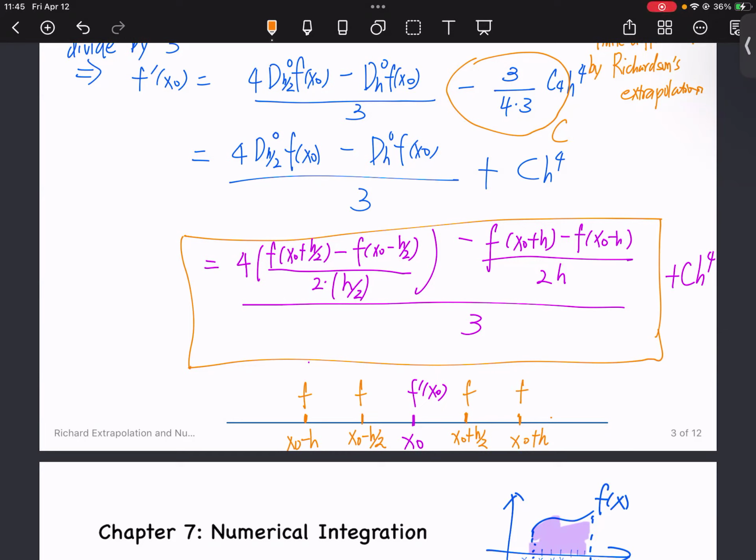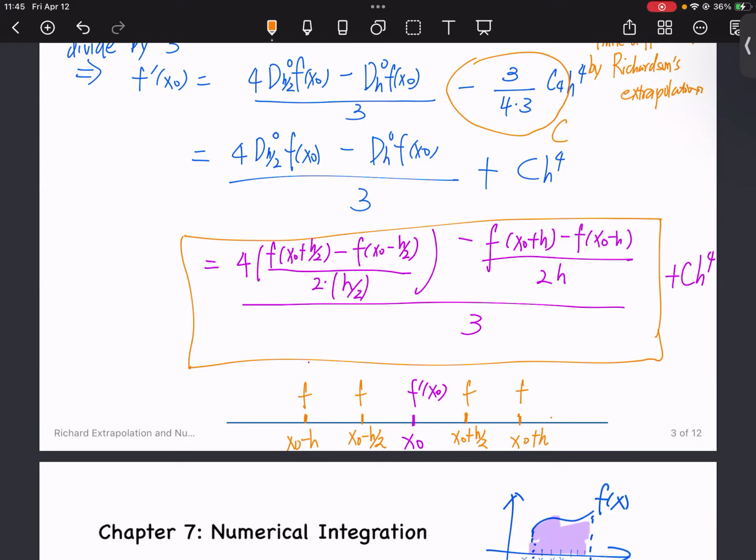So as you can see, we have made use of 4 points to approximate the first derivative. And so we have a more accurate approximation of the first derivative, because we are making use of more data to calculate it, and so we are getting more accurate results.